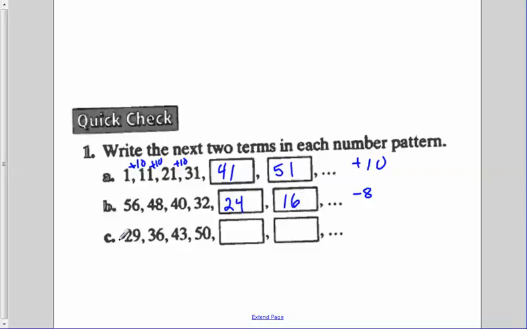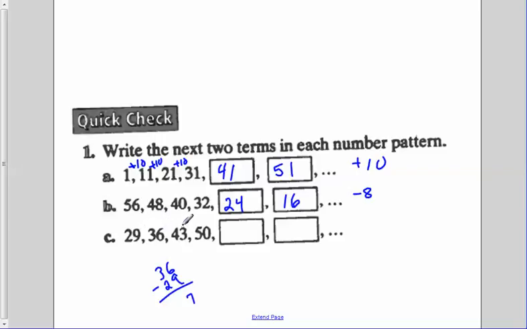Alright, and for C, I have 29 and I go to 36, so I'm increasing each time. 29 and 36, the difference between that. If I wanted to, I could say 36 minus 29, and I'm going to get 7. So if I add 7, I get 36.